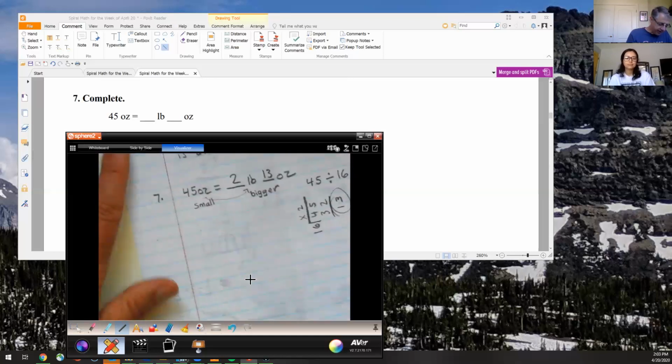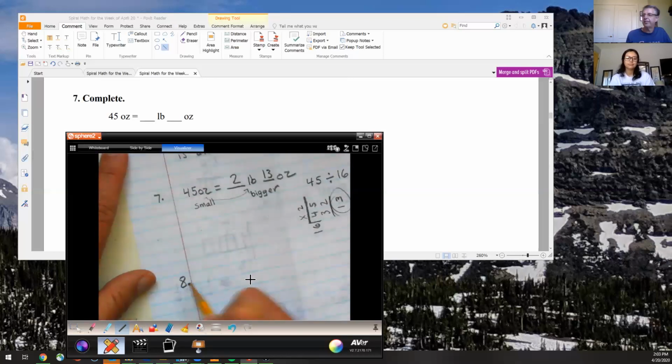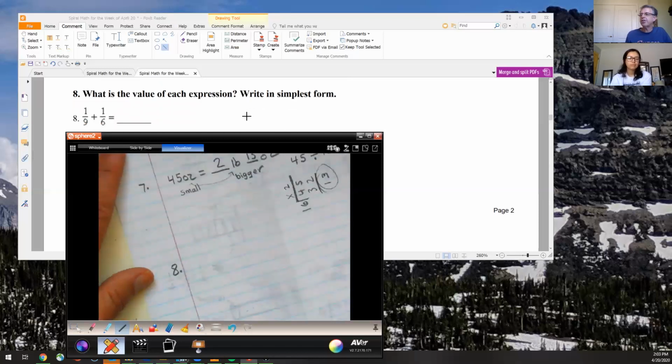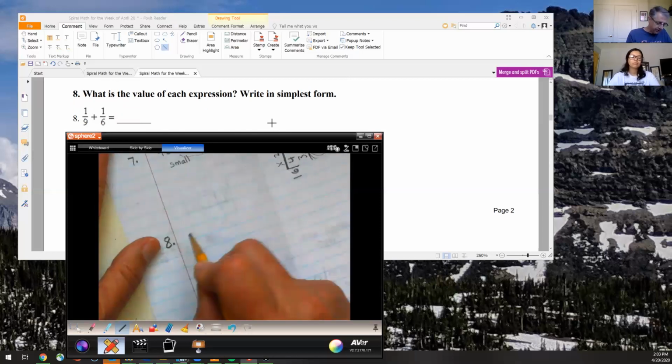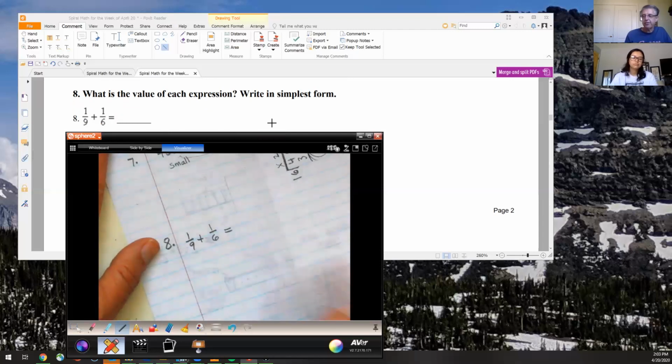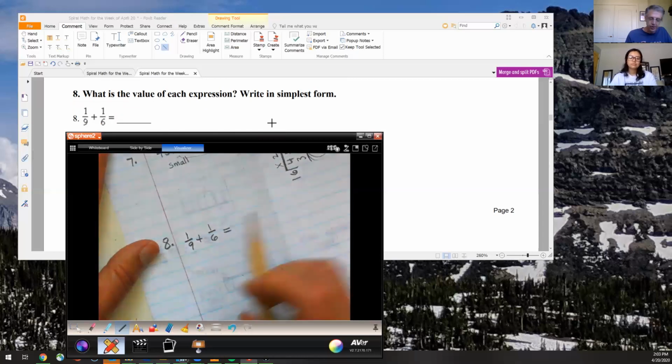And we're going to move on now to number 8. What is the value of each expression? Write in simplest form. What I'll do is I'll write out the number sentence here, 1/9 plus 1/6. And I do have to remind everybody, we're not going to be adding these denominators together.